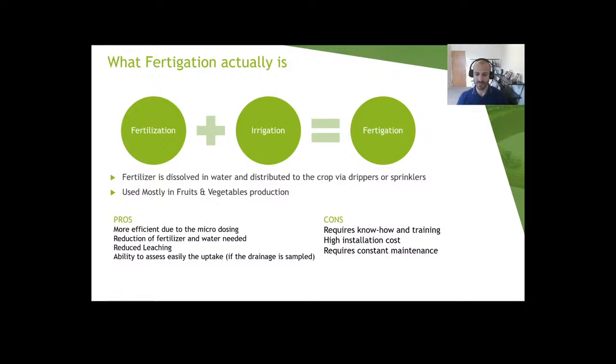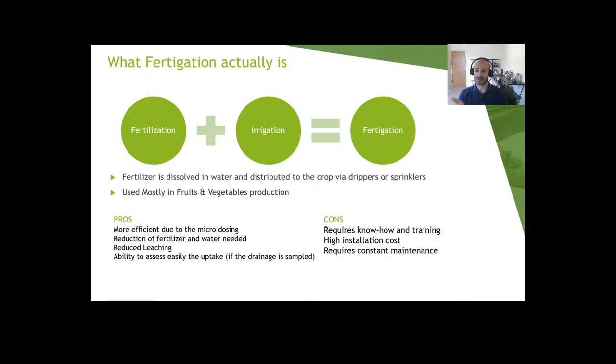So there are some basic costs on a per year basis that are, of course, much more than for open field crops. But the pros, the good things, are actually very good, because considering that you are able to deliver some fertilizers constantly in each irrigation event, you are basically able to microdose the fertilization. And this increases the efficiency a lot, because you are able to reduce the fertilizer and water usage, because you're fertigating only when the plants actually need it, or on a very accurate schedule.